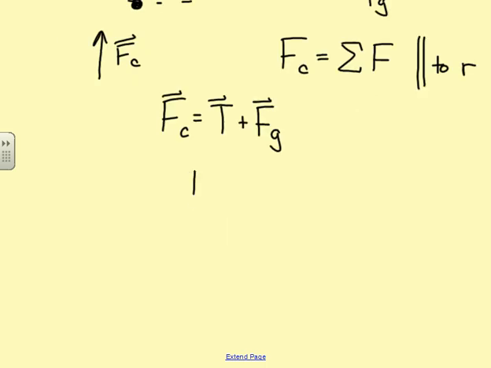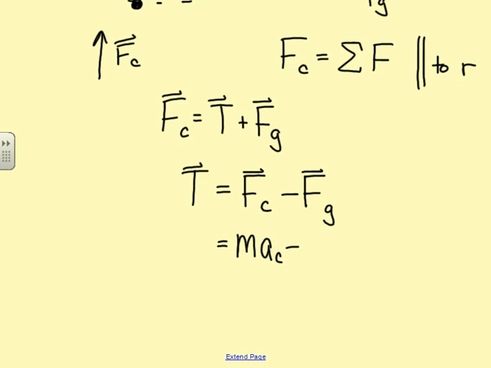Tension is what I'm looking for. So if I solve for tension, I find the tension is equal to centripetal force minus gravitational force. Centripetal force is mass times centripetal acceleration. Gravitational force is mass times gravitational acceleration.